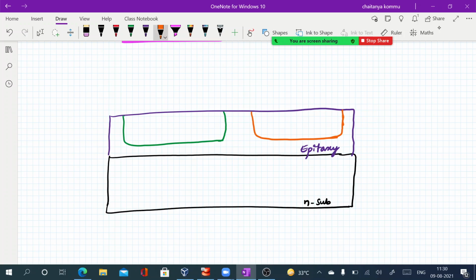So this is how we have to do this. How many layers are required now? Epitaxy doesn't require any kind of additional mask. Epitaxy is required on the entire surface, and whenever things are required for the entire surface, no mask is required. Directly we can expose it to the wafers.